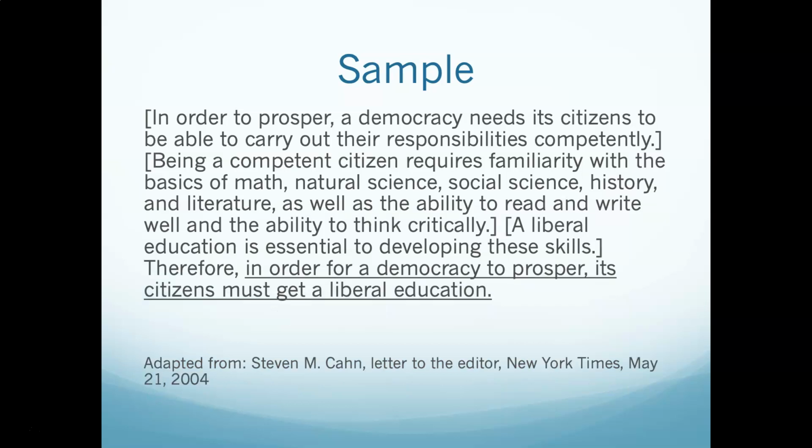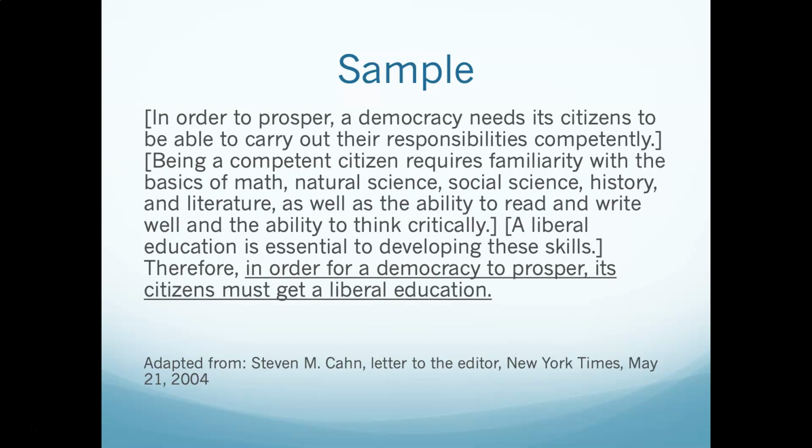All right. So, if we go towards identifying the conclusion and the premises, I have underlined the conclusion there at the end. In order for a democracy to prosper, its citizens must get a liberal education. And I've put brackets around what I've identified as the premises. So the first premise: in order to prosper, a democracy needs its citizens to be able to carry out their responsibilities competently.